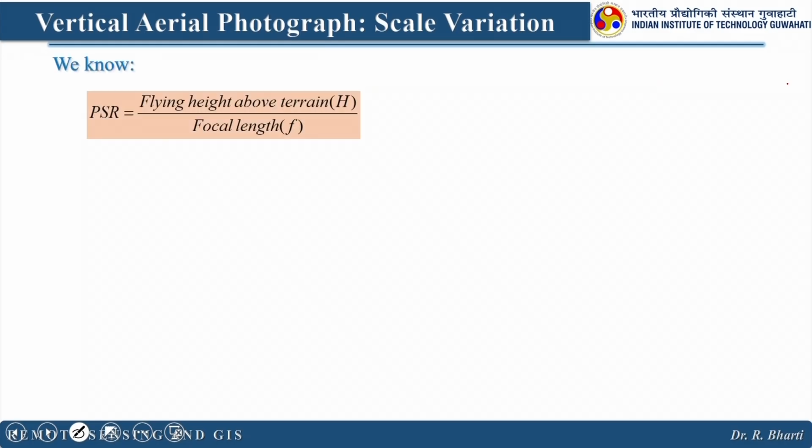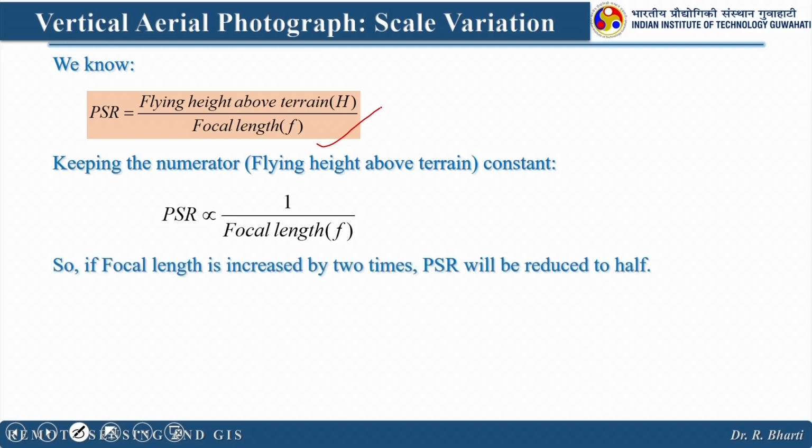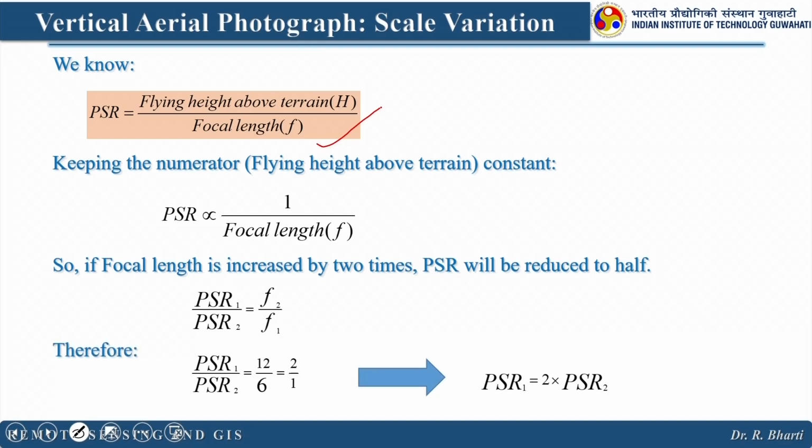We know PSR is equal to flying height above terrain divided by focal length. Keeping the numerator, flying height above terrain, constant, PSR is directly proportional to 1 by focal length. So, if focal length is increased by 2 times, PSR will be reduced to half. Therefore, there will be a change in the PSR.